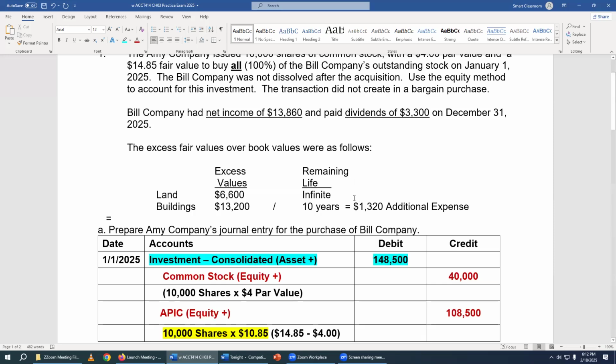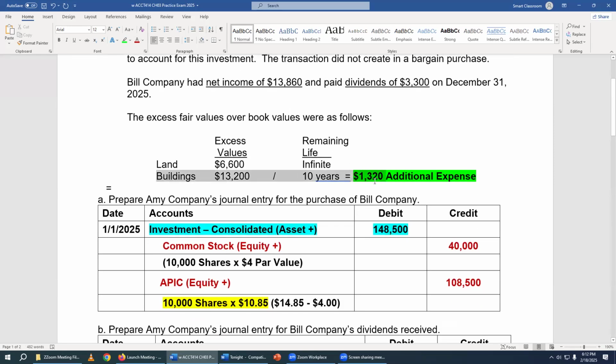Additional expense. Okay. So we'll make it green. All right, so let's bold the whole thing and make the whole thing green.